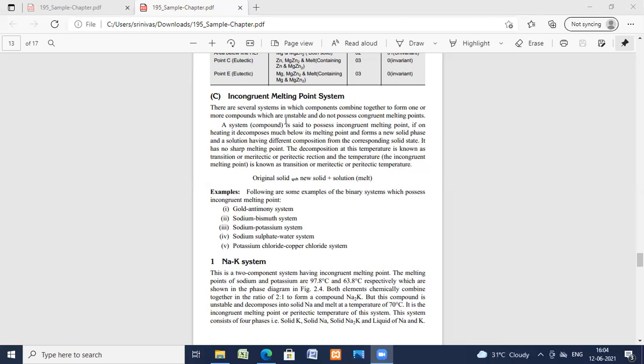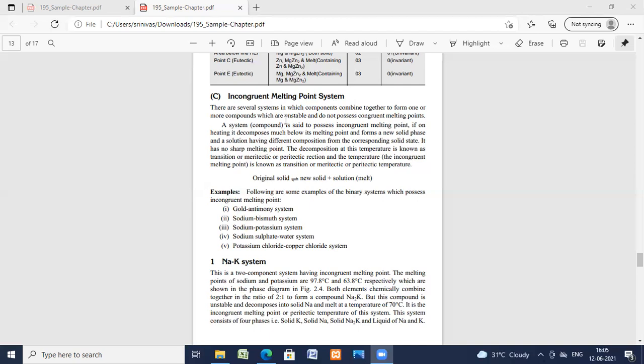The degree of freedom in this system is reduced by 1. Here the vapor pressure is absent. For the solid, there is no vapor pressure, or it is very little. Therefore, for the solid systems, the degree of freedom is reduced by 1. So therefore, you get the condensed system. The phase rule is changed, you get the reduced phase rule.